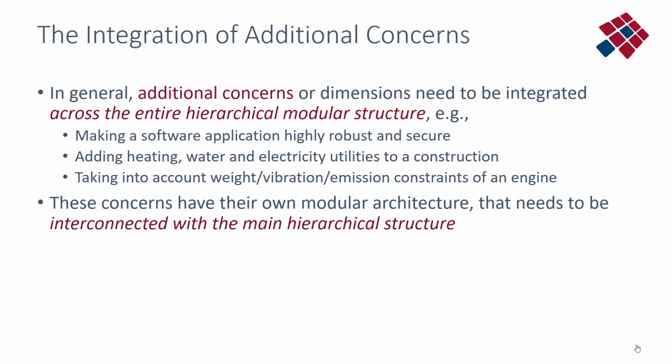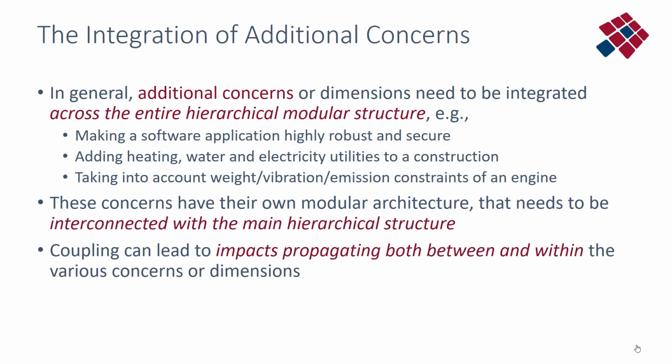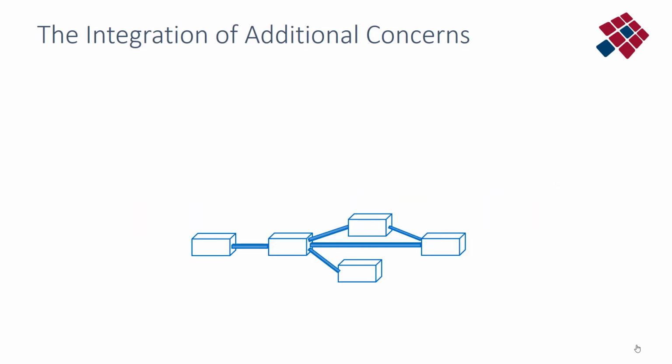Now, these concerns like water, electricity, heating, access control, etc., have their own modular architecture. And that own modular architecture needs to be interconnected with the main hierarchical structure or architecture. And of course, coupling is a very dangerous thing, and it can lead to impacts propagating both between and within the various concerns or dimensions.